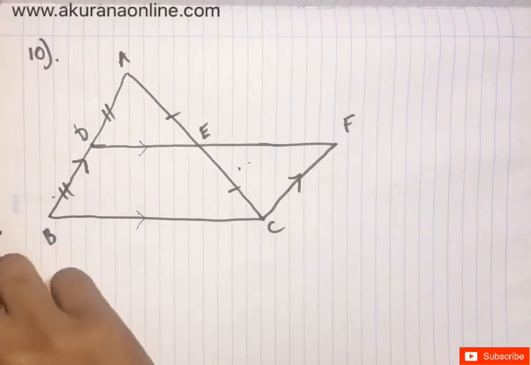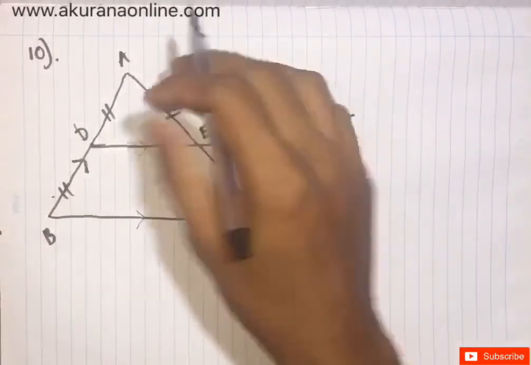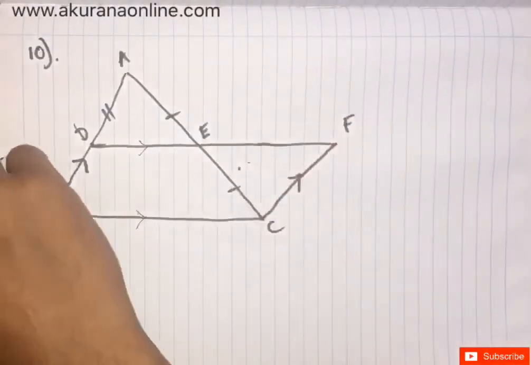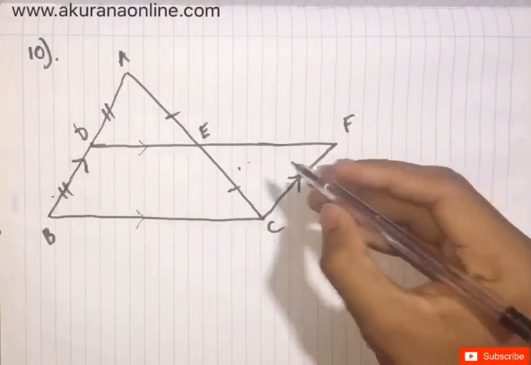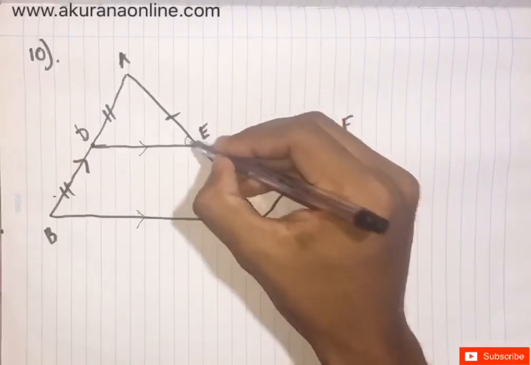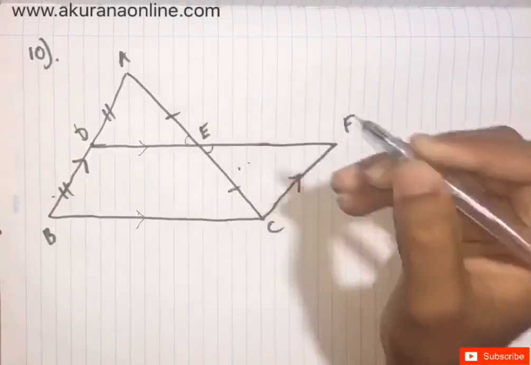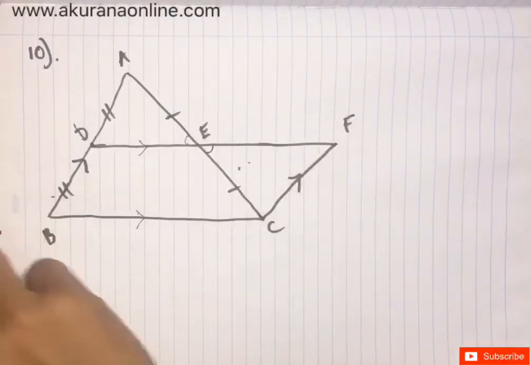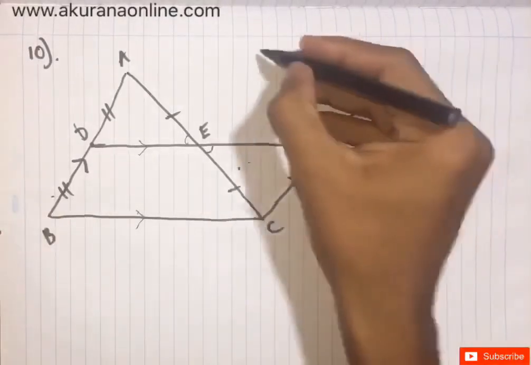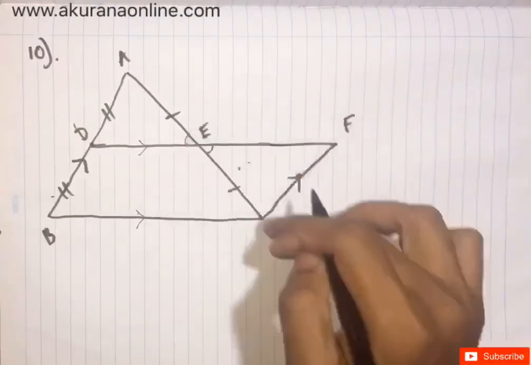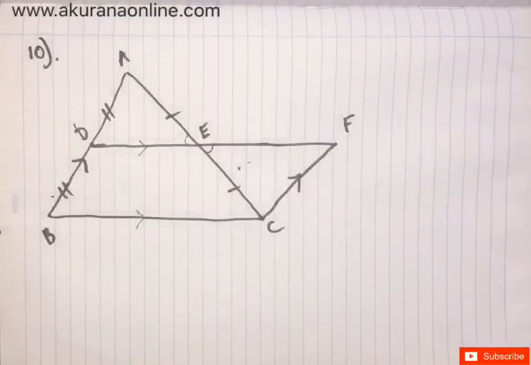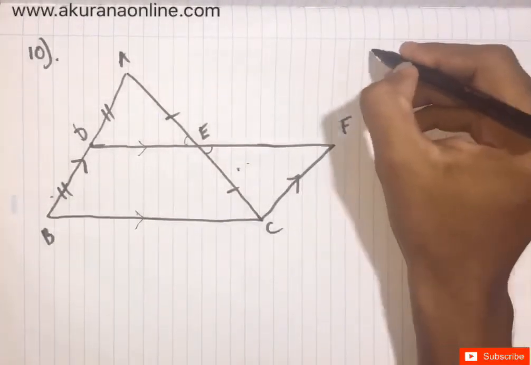Now where is our triangle AD? AD is this part, and CFE is this triangle. How do you prove it? Now you can say one thing: this angle and this angle are both equal. Why? Vertically opposite angles. Therefore one reason you can say is angle FEC is equal to angle AED.